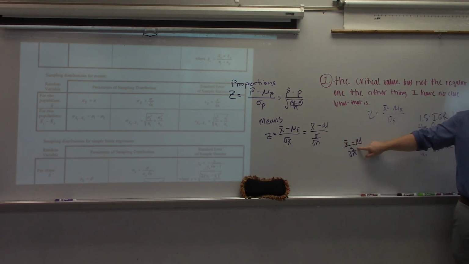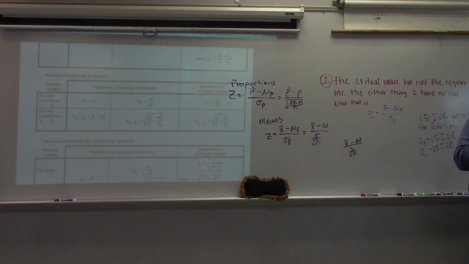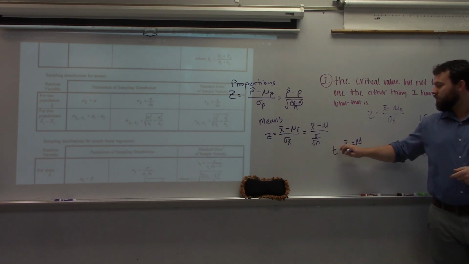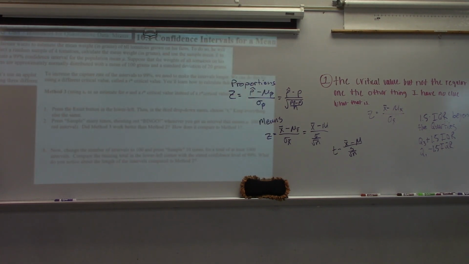What about S? It does change. So remember how some intervals were really wide and some were really short? And so our capture rate was wrong. So instead of using Z, we had to use T. We're going to go into more detail about what that T is. But remember, the T distribution just had different degrees of freedom, making it wider or narrower. Does that, just like that quick review, help that issue? Okay, so that's just a quick recap. But again, guys, use your formula sheet.